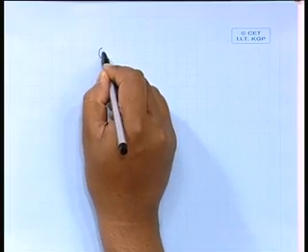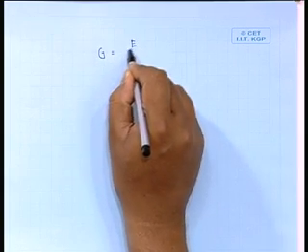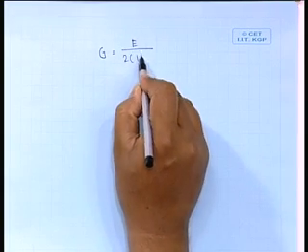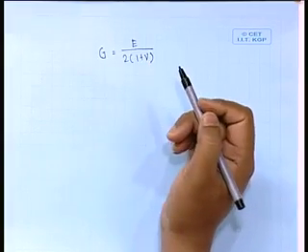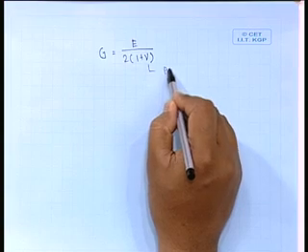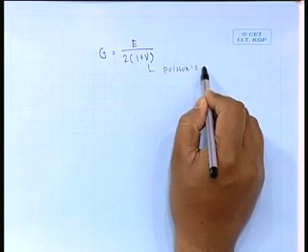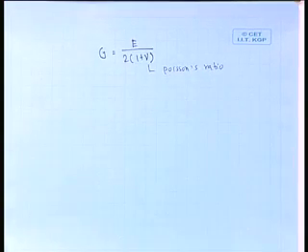Now, in direct mode, we say this constant is E. In shear mode, this quantity is defined as G, modulus of rigidity, and E and G have some relationship. G and E can be related by G equal to E divided by 2 into 1 plus nu. Now, this nu is written as Poisson's ratio.